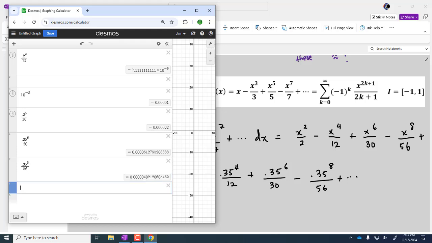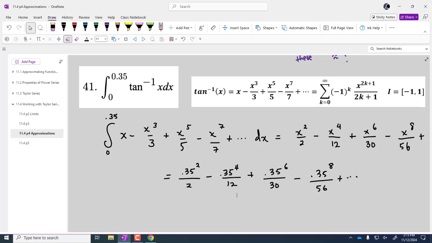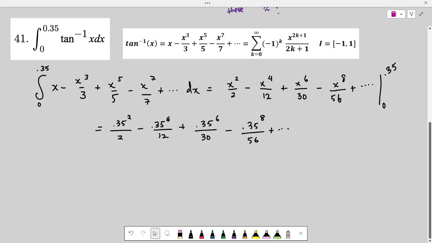So we just add up everything in front of that position. You would just type the stuff in front of it into your calculator and get that approximation. So this is first less than 10 to the negative 5.